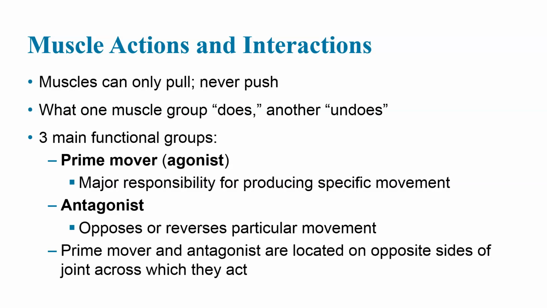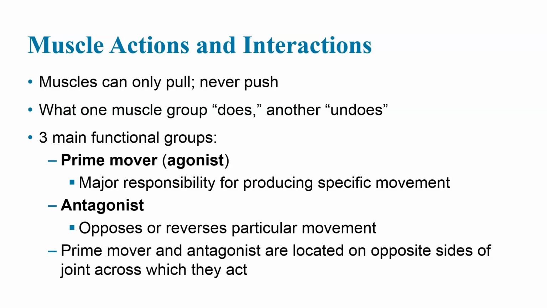So for example, if you think about your biceps muscle in your upper arm and your triceps muscle, if I'm standing in anatomical position, my biceps muscle is anterior and triceps is posterior. When the biceps muscle contracts to pull my forearm and my hand towards my shoulder, the triceps muscle, which is opposite, lengthens.